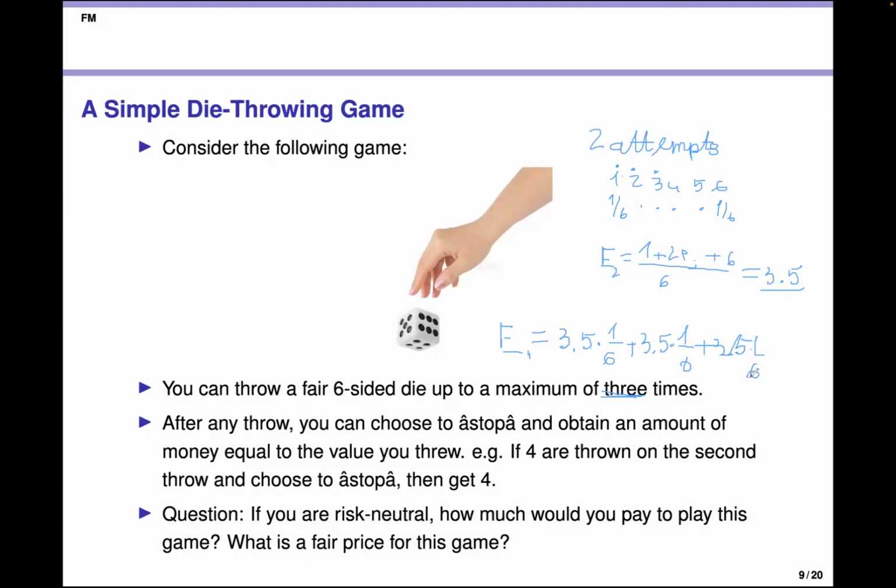But if you see 4, 5, or 6, you stop. So 5 multiplied by 1 divided by 6, plus 6 multiplied by 1 divided by 6. It is 6 in the denominator, and this plus this plus this plus 4 plus 5 plus 6.